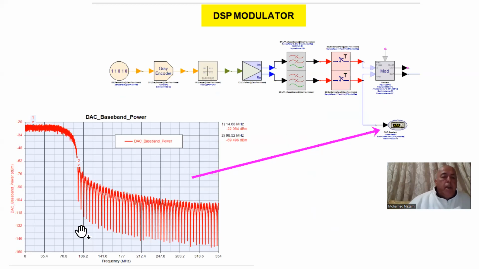Now, starting out with this signal, we start with random bits, Gray code them, pack them into symbols, interleave them so that you have real and imaginary, oversample them, and filter them, of course, because that's what happens in the DAC system. Okay, and then do the modulation at 3.5 gigahertz.